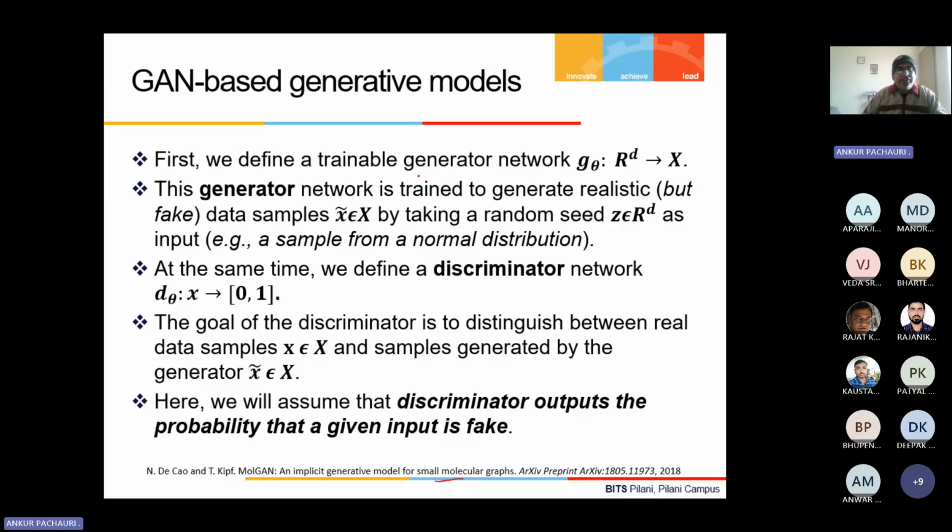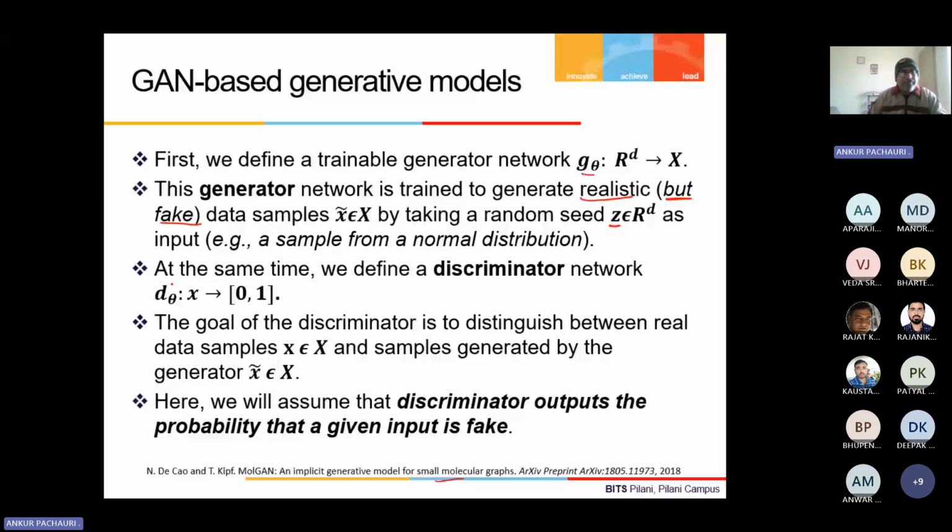So first, they define the trainable generator network G theta. This generator network is trained to generate realistic but artificial data, realistic but fake data samples, by taking a random seed, a latent variable, sampled from the normal distribution, as an input.